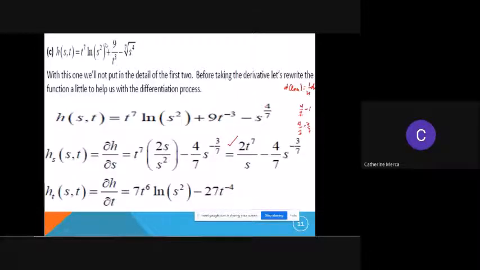Then for 9 over t cubed, that becomes 9t to the negative 3. So negative 3 times 9 is negative 27, t to the negative 3 minus 1, t to the negative 4. But this last one is 0, because it is with respect to t.